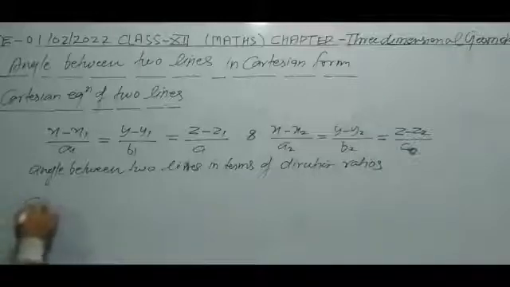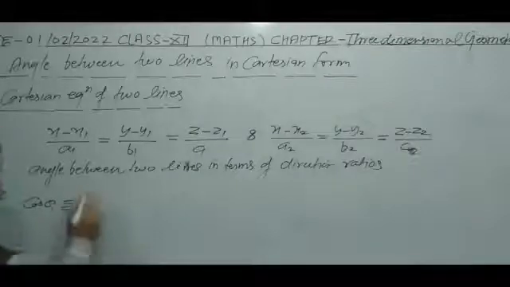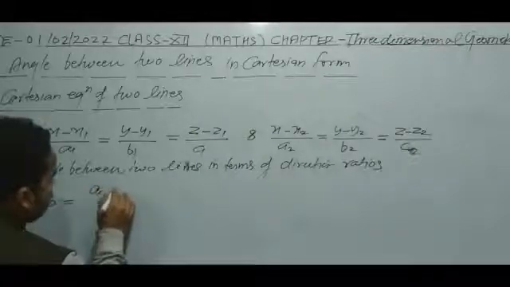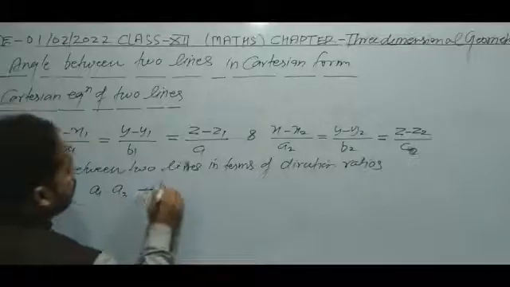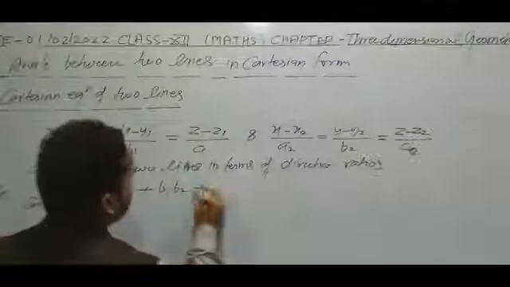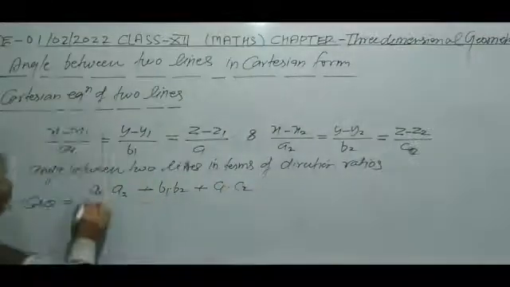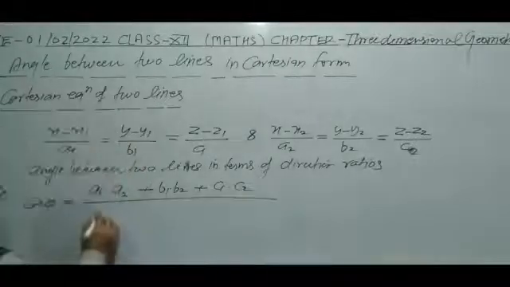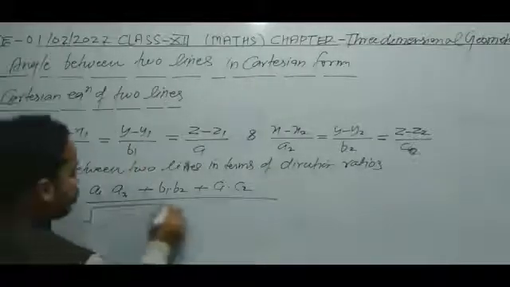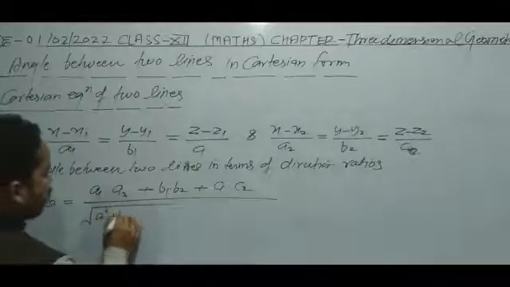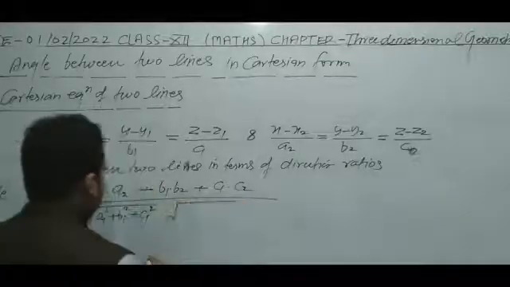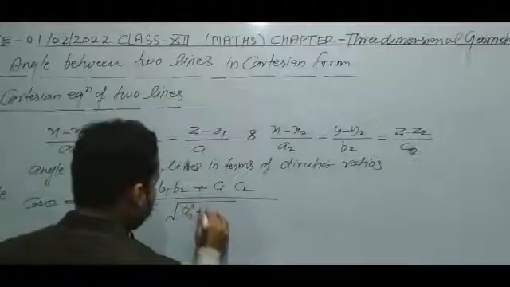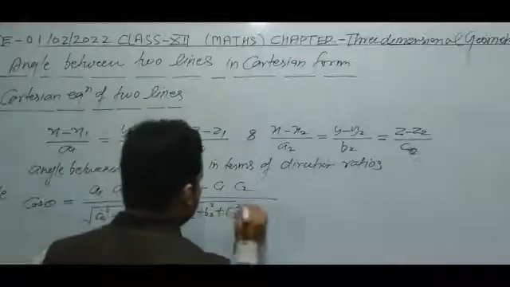That is cos theta is equal to a1 a2 plus b1 b2 plus c1 c2 whole upon root over a1 square plus b1 square plus c1 square into root over a2 square plus b2 square plus c2 square.